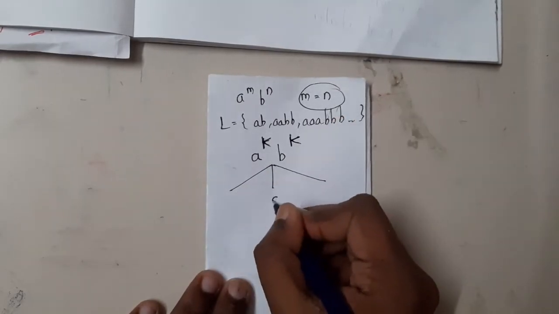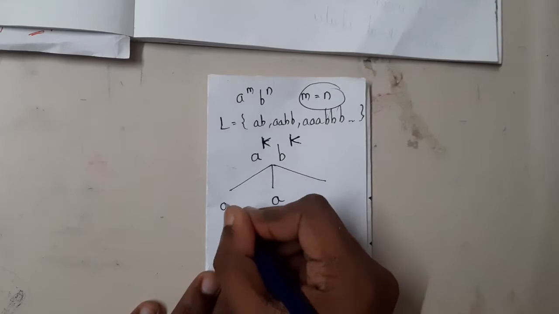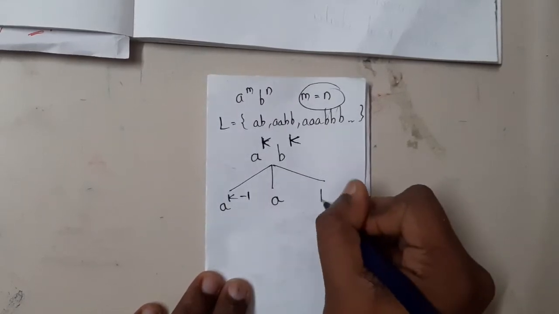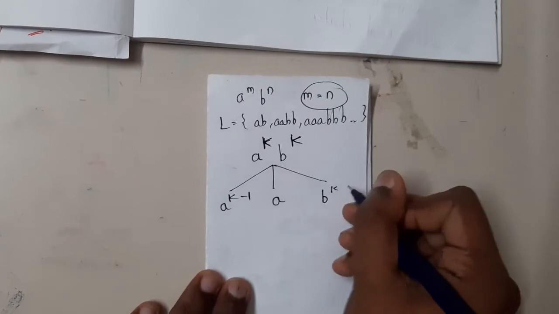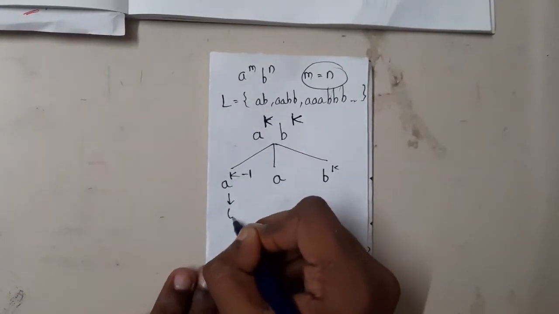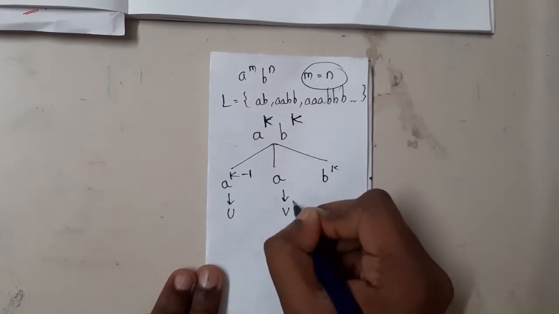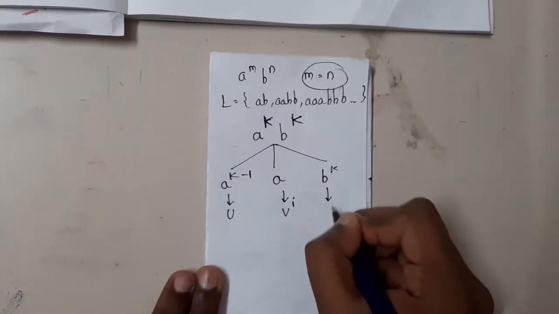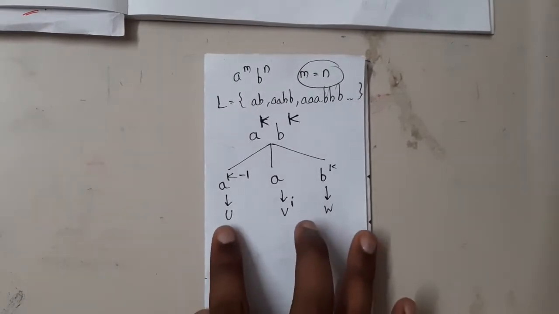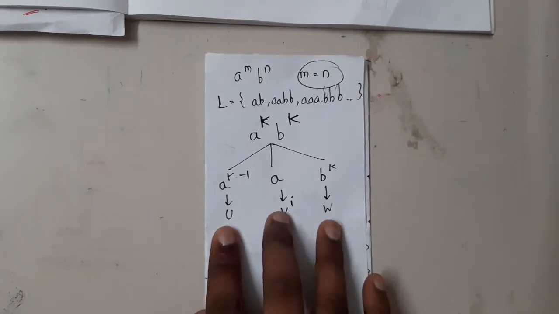Let us make one a constant here, and take a power k minus 1, and write b power k here. We assume this as u, this as v power i, and this as w.